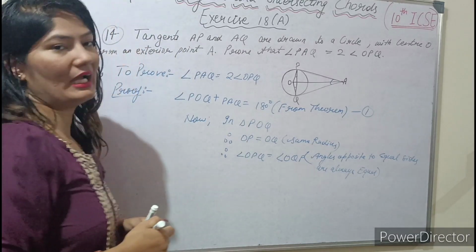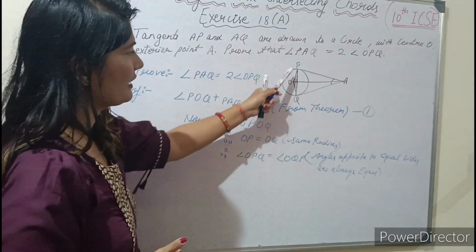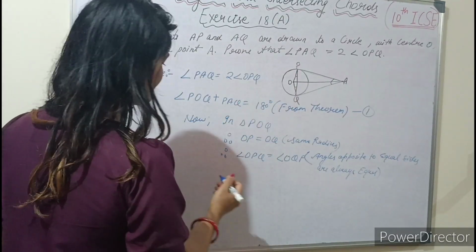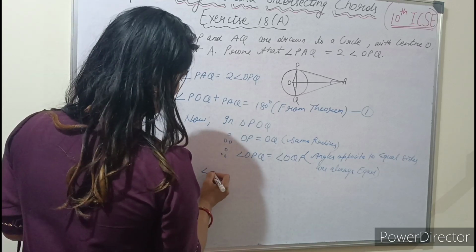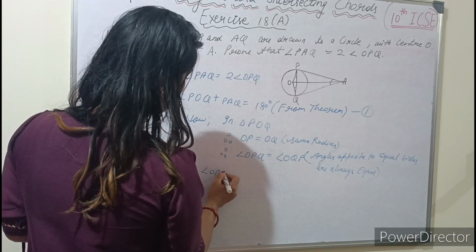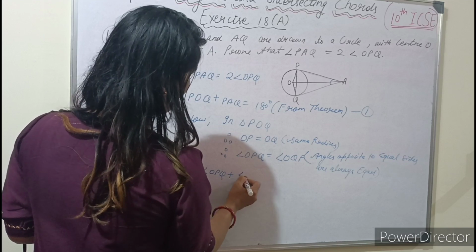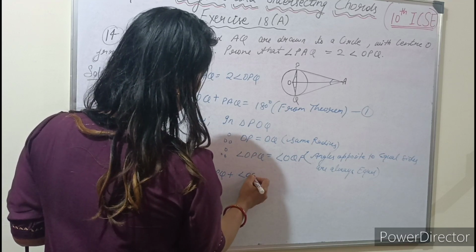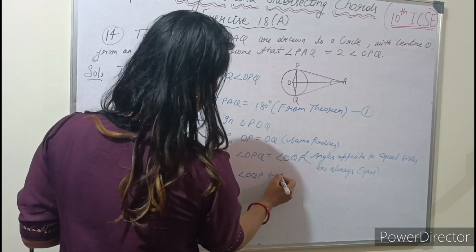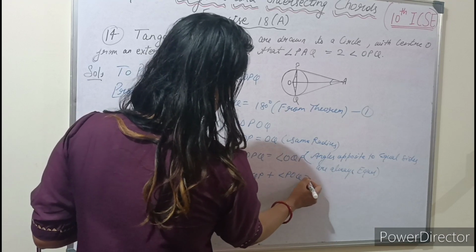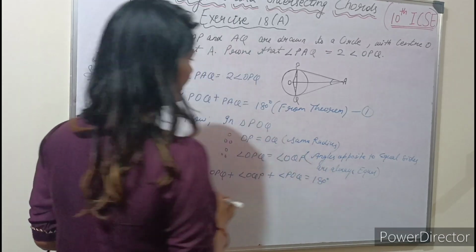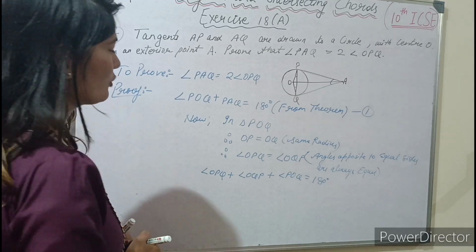Now if I apply the angle sum property in the same triangle POQ, by angle sum property, angle OPQ plus angle OQP plus angle POQ, their sum will always be 180 degrees. This is the angle sum property.